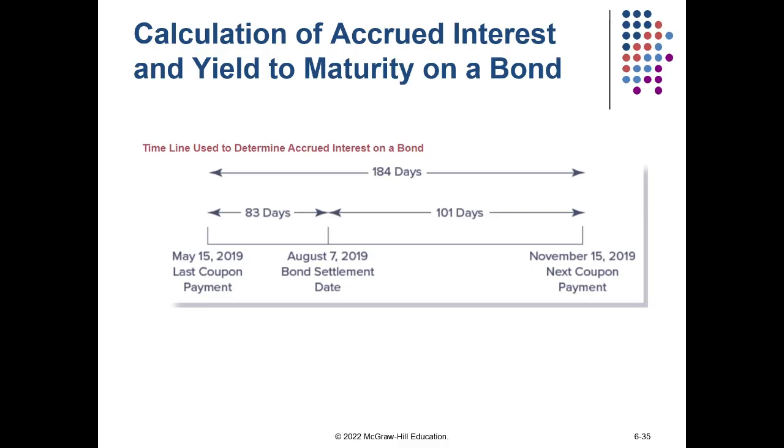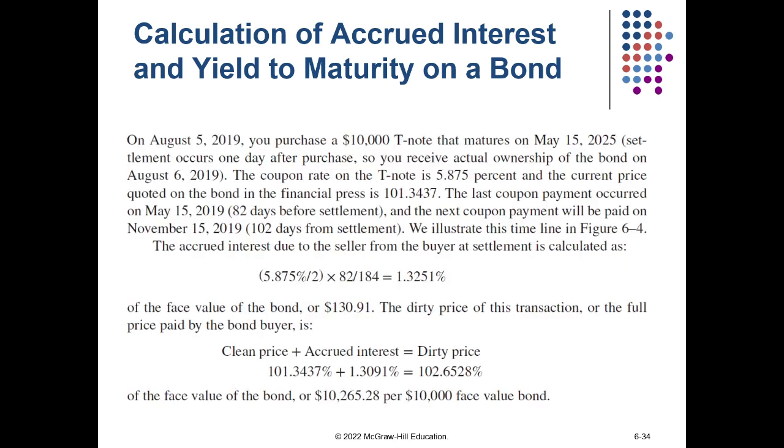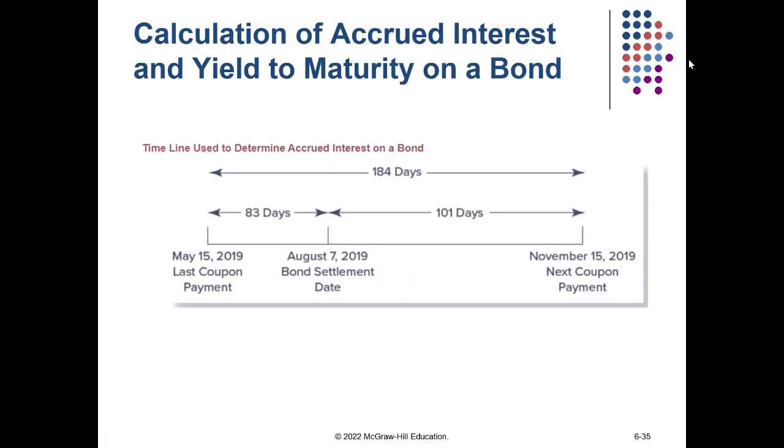Yeah. So here is a timeline of the accrued interest, in the same example. The period is 184 days. So basically it means that from the last coupon payment to the next coupon payment date, it's in total 184 days.